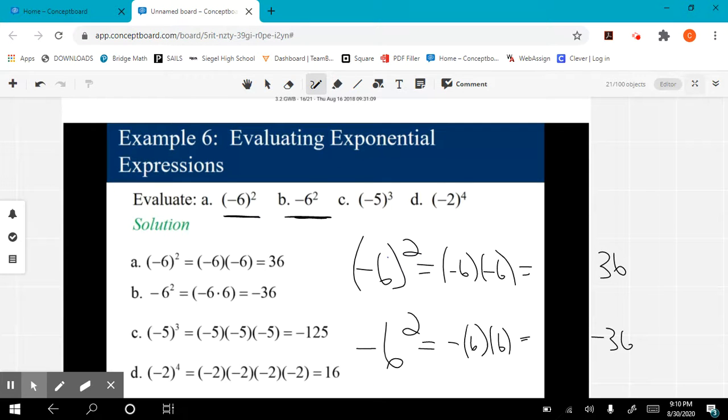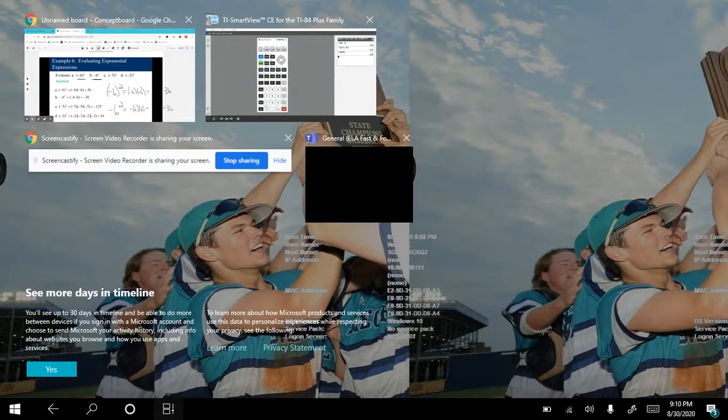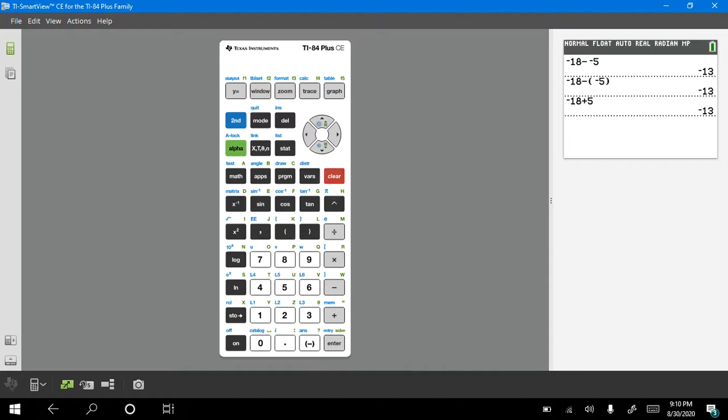It is very important when you're using a calculator that you are specific on that, because notice, if I type in -6 squared, it is only going to square the 6, and I'm going to get -36. If I want to actually square the number -6, I have got to put it in parentheses.